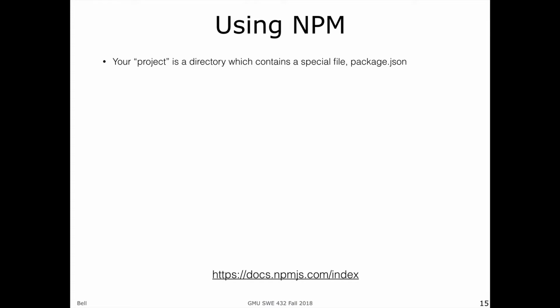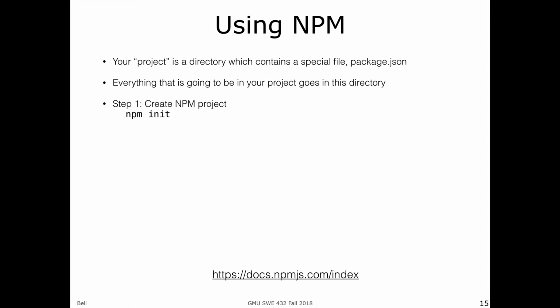Using npm. So your project to npm is just simply a directory that has this special file called package.json. Everything that's going to be in your project goes in this directory. So to use npm, first off, you can create a starter project that's going to have just that bare bones template that says the name of the project, the version, some default stuff.